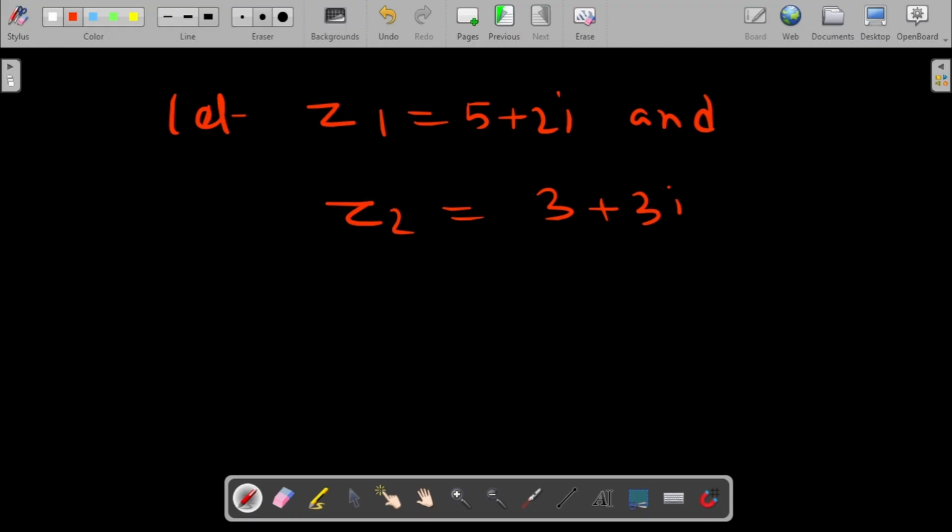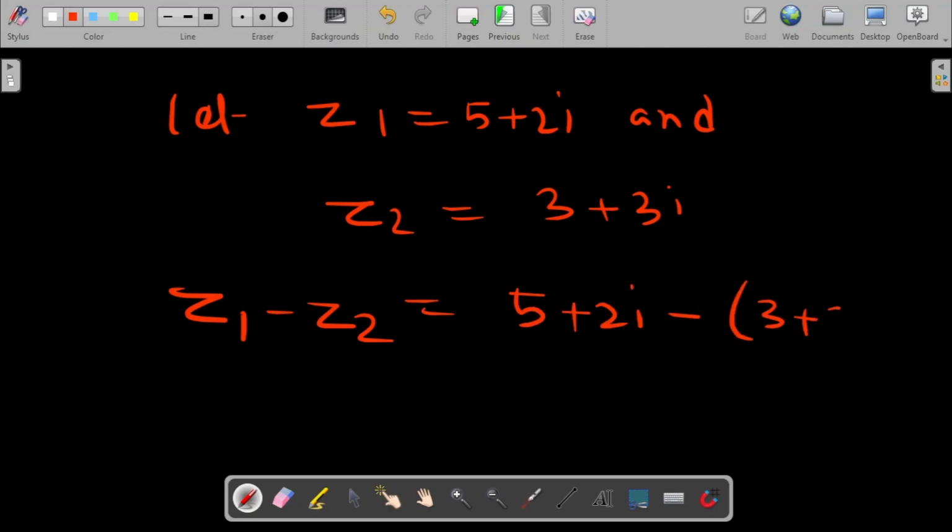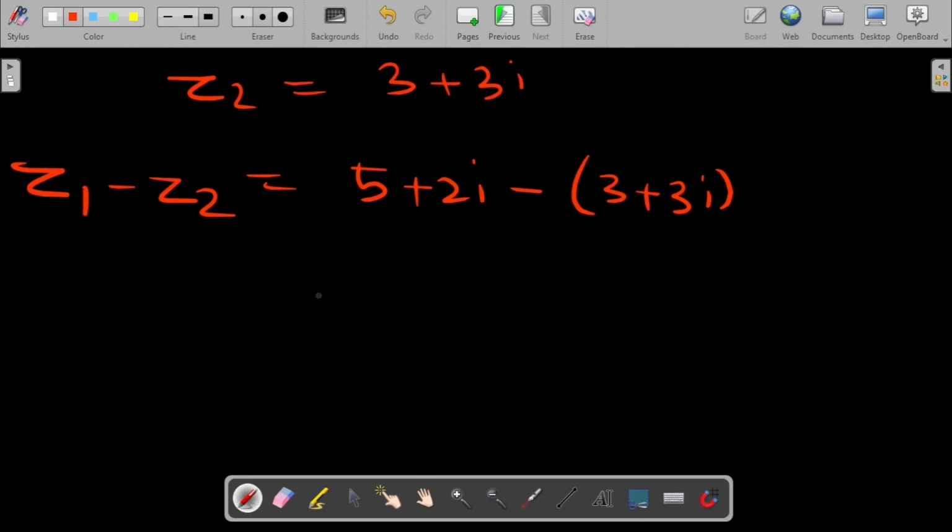So Z1 minus Z2 equals 5 plus 2i minus 3 plus 3i, which is 5 plus 2i plus minus 3 and minus 3i.